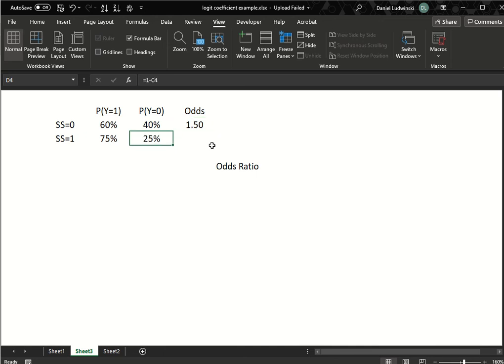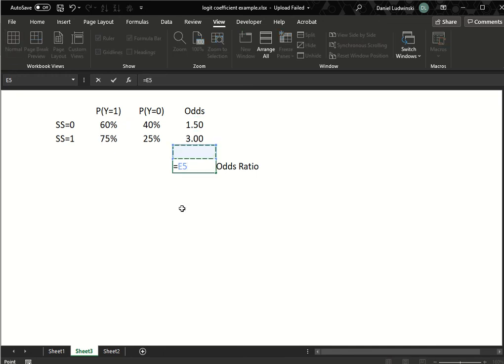If you do go to the study session, the odds are now 3 in favor of passing. 3-to-1 odds. So our probability has increased from 60 to 75%. Our odds have changed from 1.5 to 3. The odds ratio is one over the other. That's just 2.